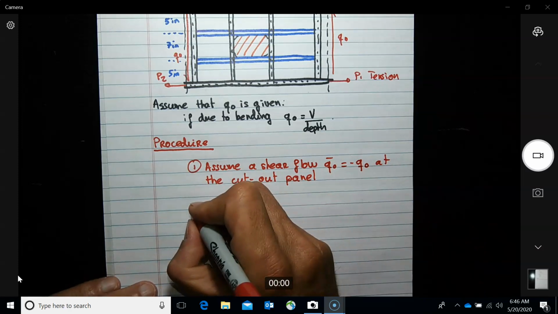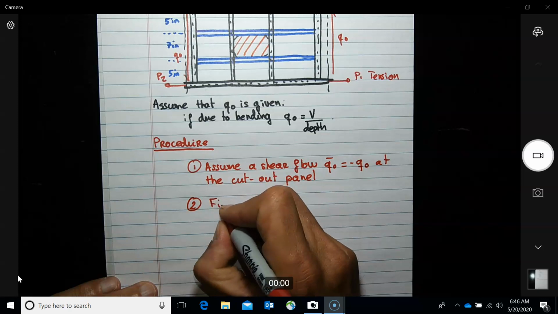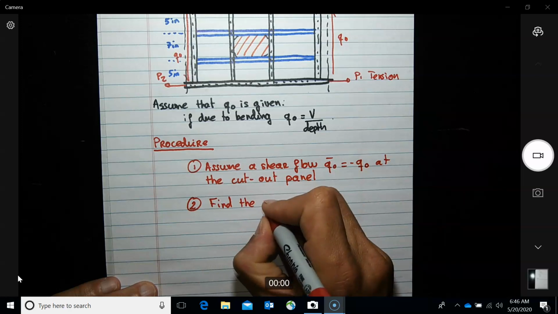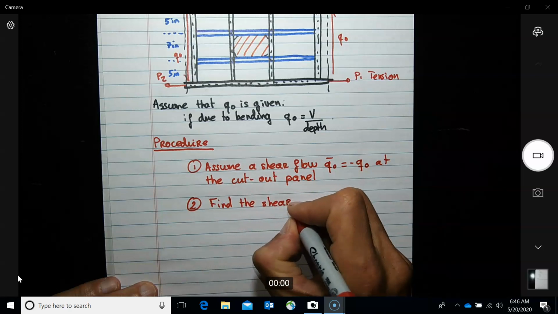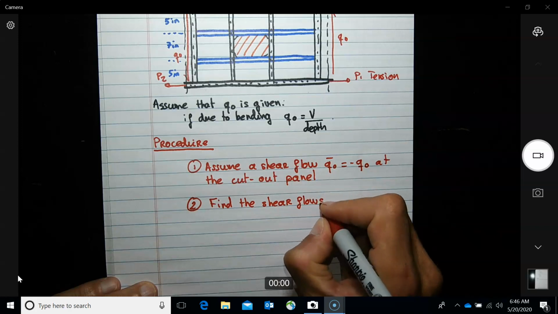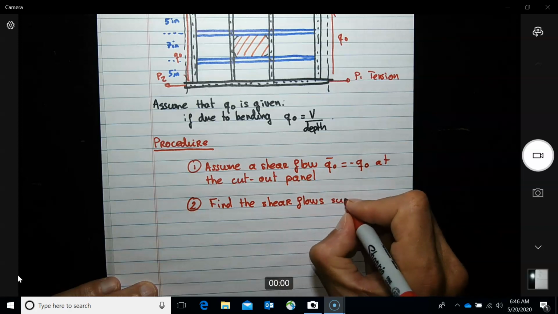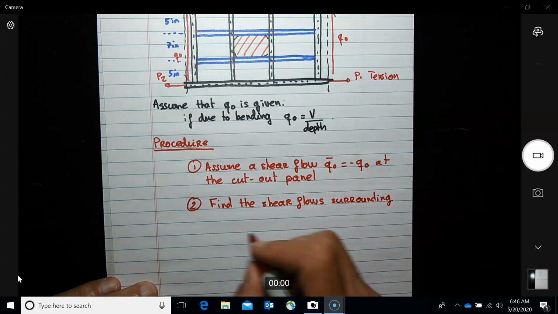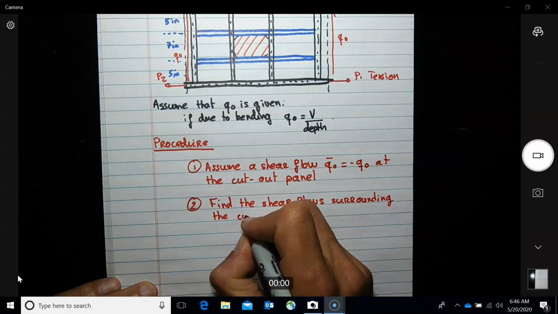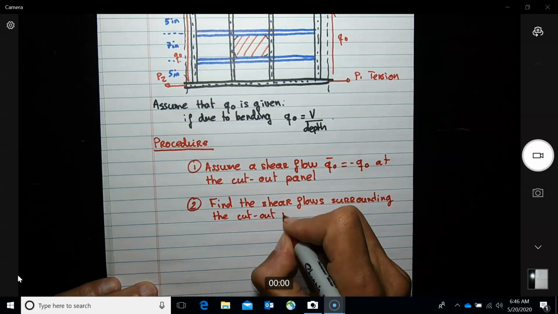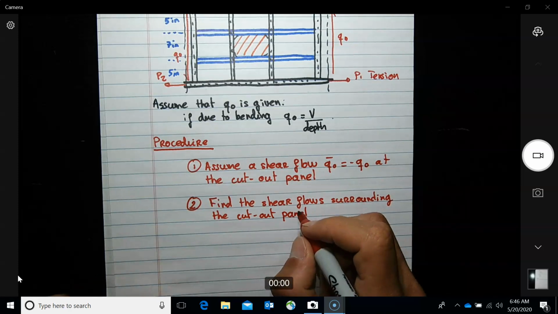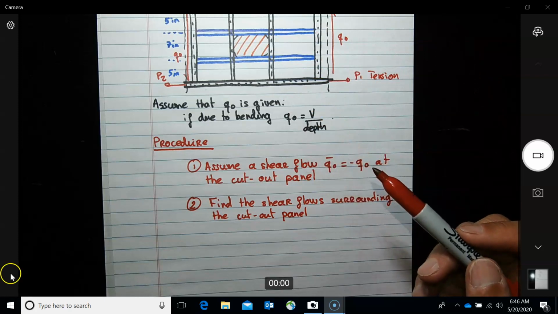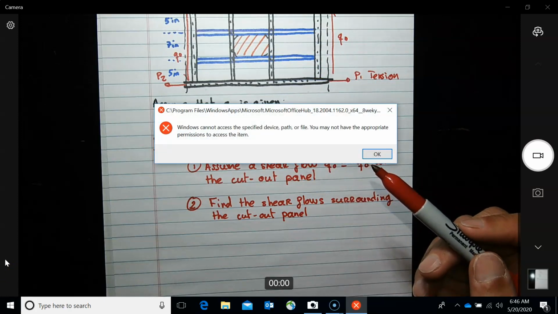Step 2 will be to find the shear flows surrounding the cutout panel, by considering the equilibrium of the stiffeners and so on.